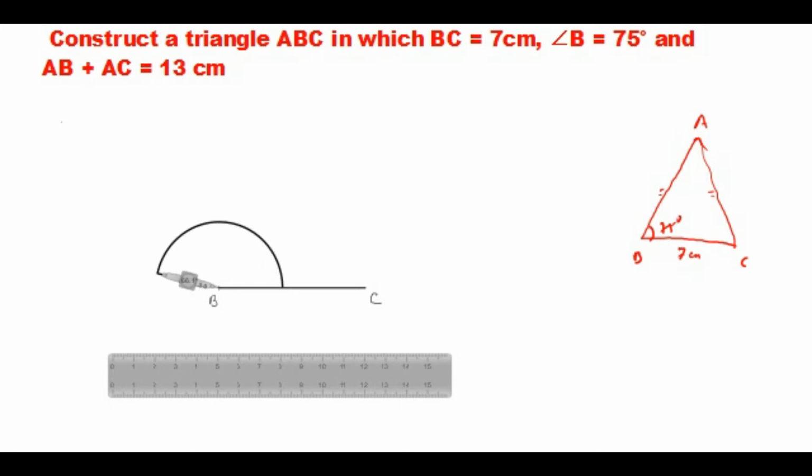Here first you have to take one arc, and before completing the 75 you have to construct first 60, 120, then 90. The first step is to construct the 90 degree angle.